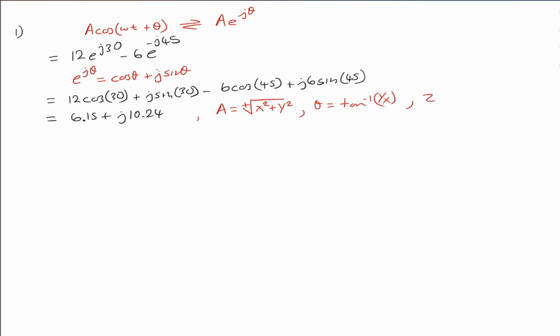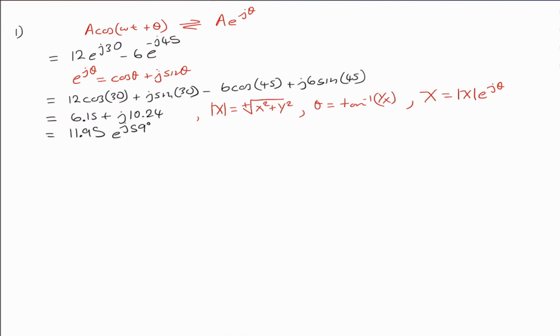In polar form, we have the following, and we're dealing with x, so let's just use x times the complex exponential e to the j theta, and then we can just change our A to the following. By applying those rules, we end up with 11.95 times the complex exponential e to the j 59 degrees.